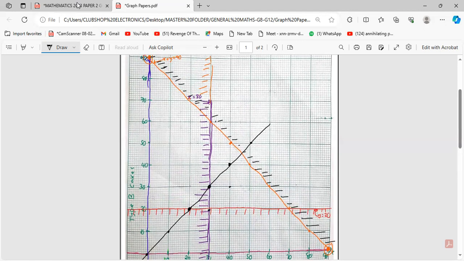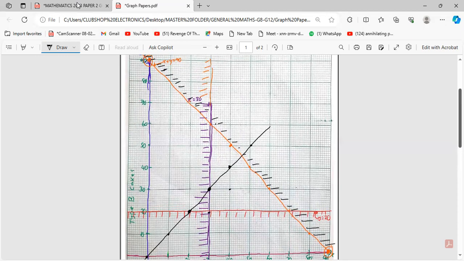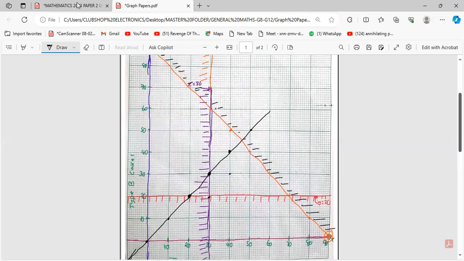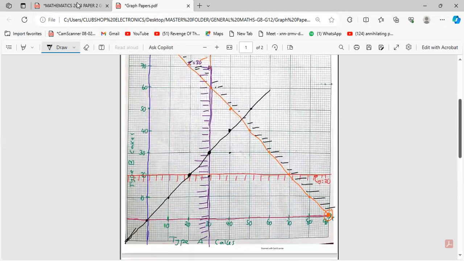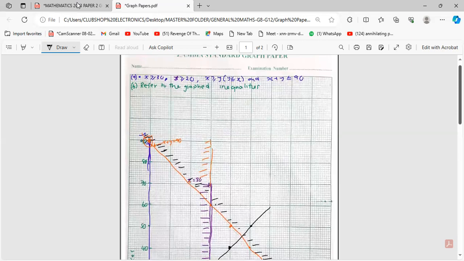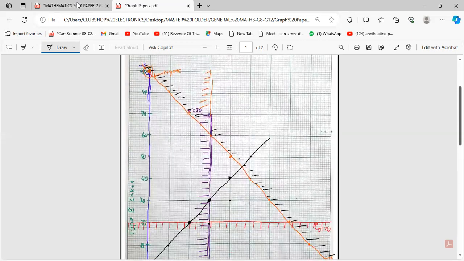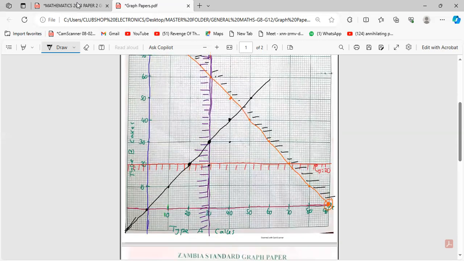So what we want is the less part. Yes. So from this point as you go down, this will be less. As you go above, that will be greater. So you shade that.